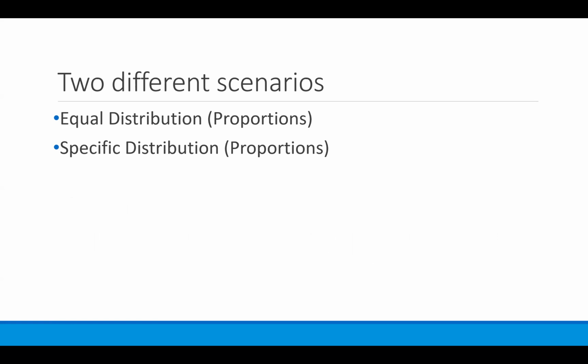We can talk about the data or the population being equally distributed, or we may be given a specific distribution. So we're going to talk about both of those. The process doesn't change, it's just a matter of what information you have to tell Minitab.